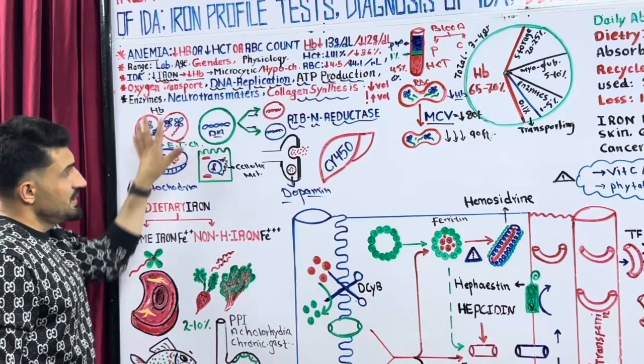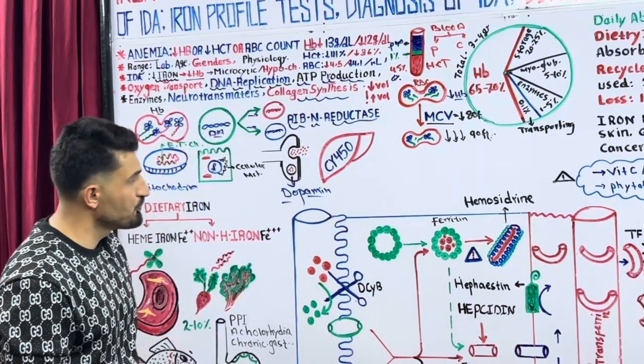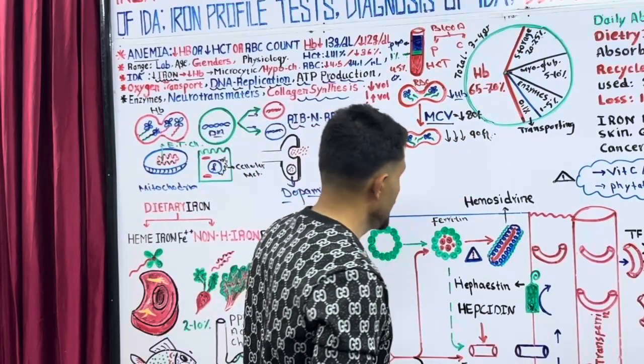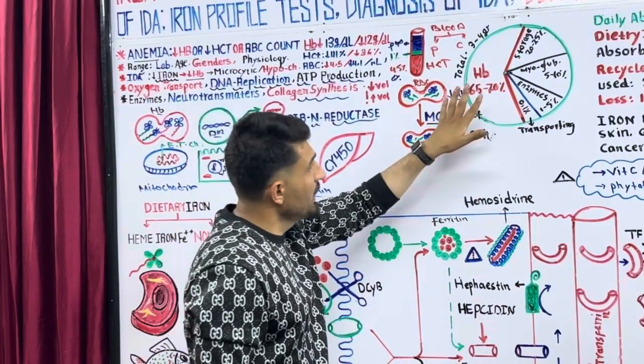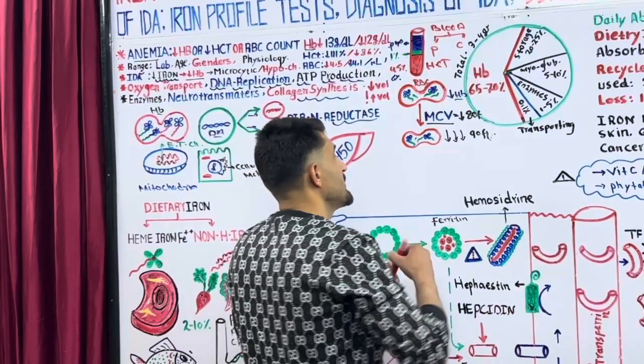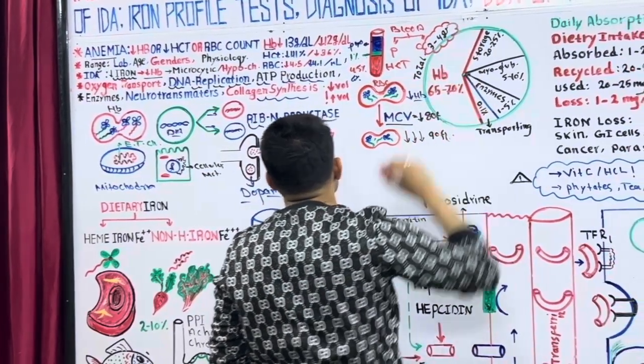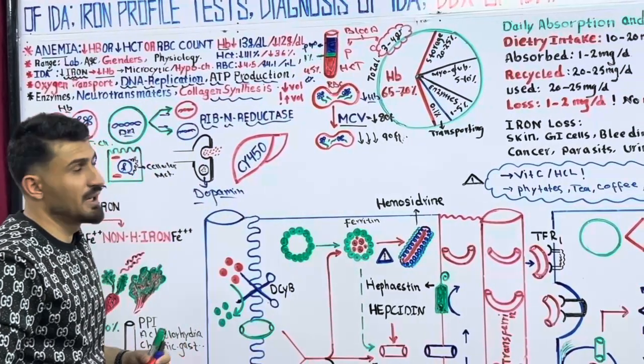So these were the usages of iron in our body. Now, let me tell you something. Our total body iron is around 3 to 4 grams. Okay, our total body iron.